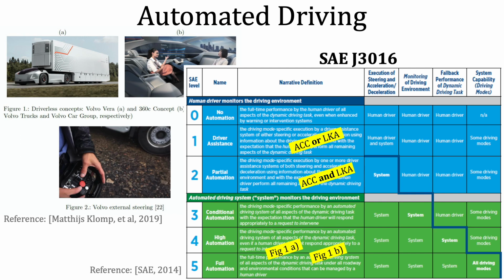Just to not confuse everything, we could actually say that the very first vehicles are already mass-produced today, and there are vehicles with something called ACC and LKA: Adaptive Cruise Control, where you don't need to use the pedals, and lane keeping aid, where you don't need to use the steering wheel. And I would say it fits under level 1. But if you have the same at the same time, you actually move one level up.